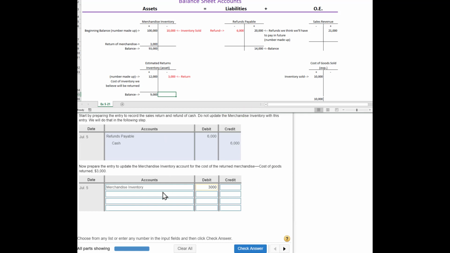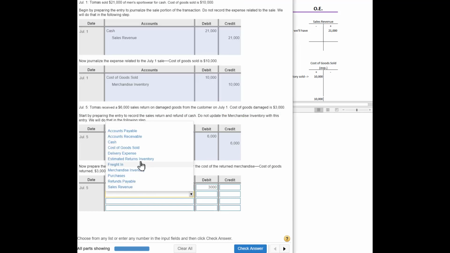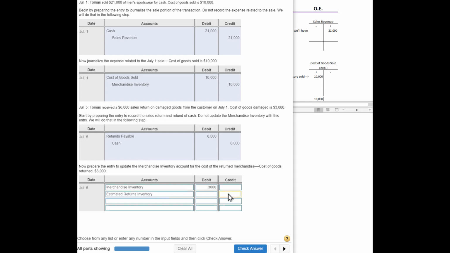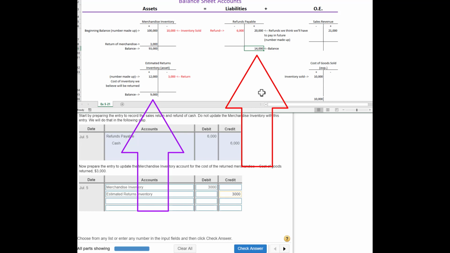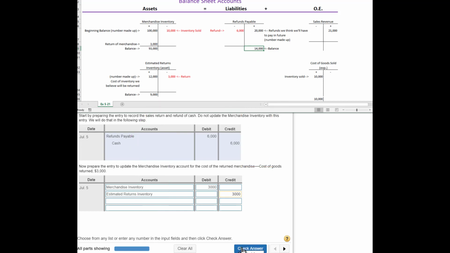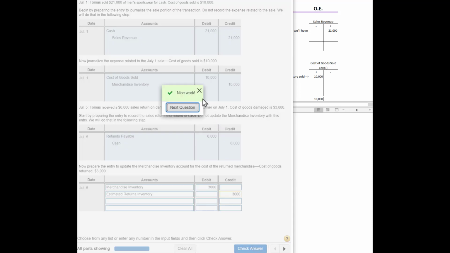So the credit account is estimated refunds inventory. So let me go back to my T accounts. So that means after this transaction, we now think we will have inventory that costs us $9,000 returned to us, and we will have to refund customers $14,000 in the future. Let me check our answer. There we go.